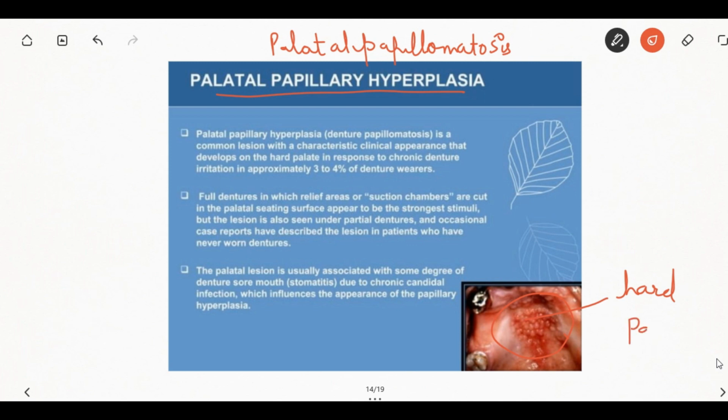This papillary hyperplasia occurs in the edentulous patient with dentures. Constant wearing of denture is one of the most important factors associated with this condition. So what you will see is the lesion will present as numerous, closely arranged, red edematous papillary projections involving all of the hard palate and imparting a warty appearance.